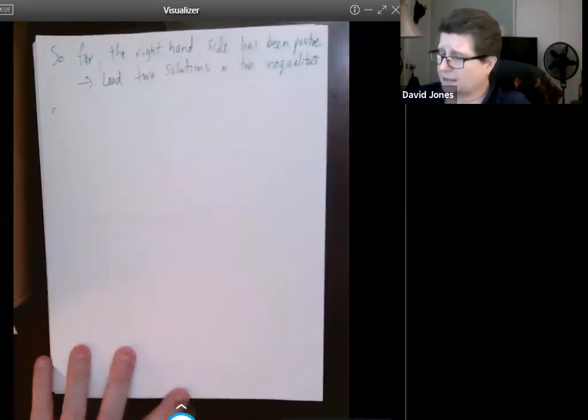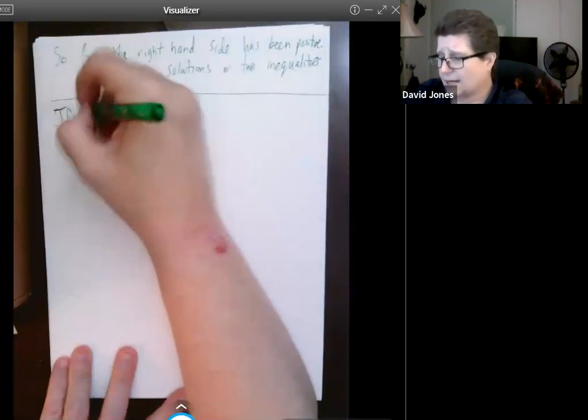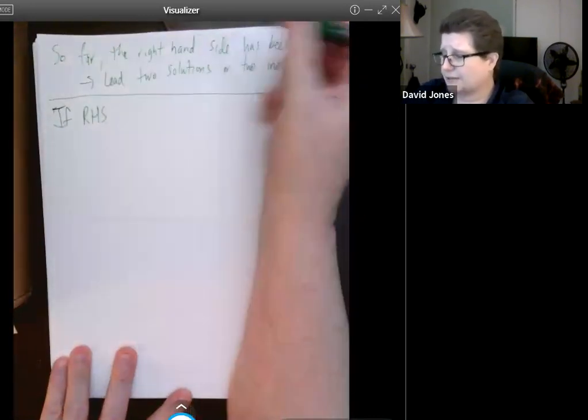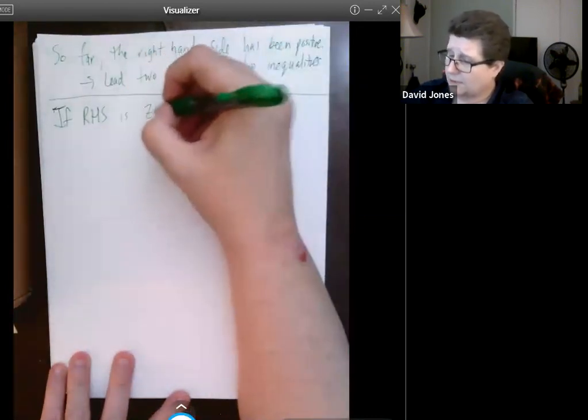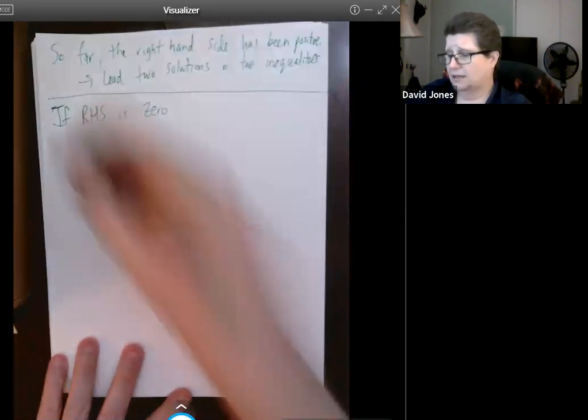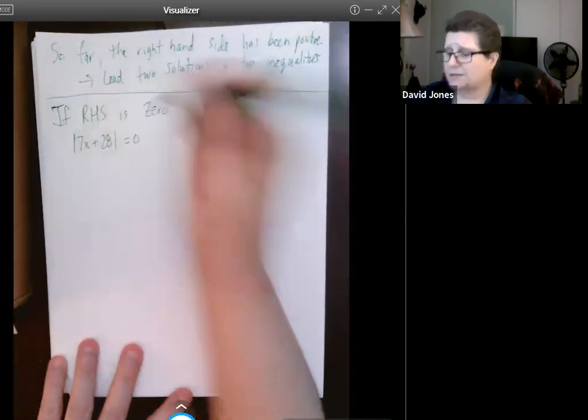This is a little bit different. If the right-hand side, RHS for right-hand side, is 0, what happens? Like the absolute value of 7x plus 28 equals 0.